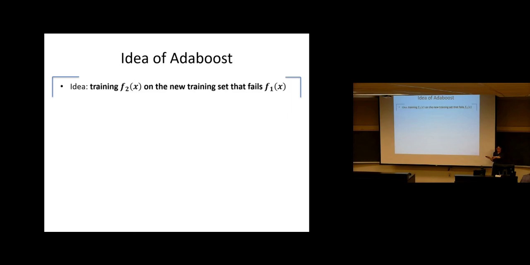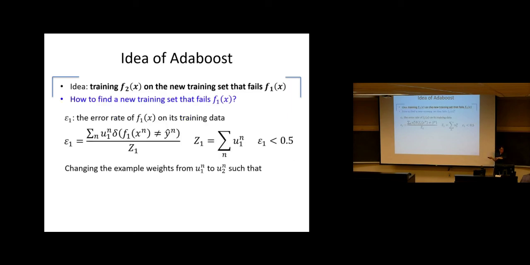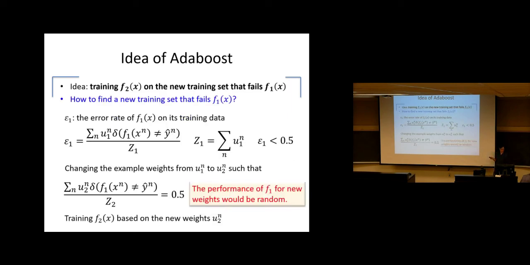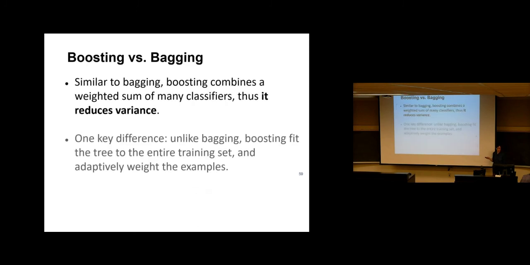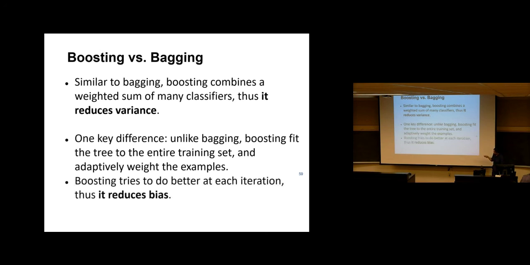All right, sorry, it's kind of quick. There's only one thing I want to talk about, which is boosting versus bagging. Similar to bagging, boosting reduces the variance because of the ensemble. Unlike bagging, boosting fits the tree to the entire data and adaptively weights examples. Boosting is trying to do better at each iteration.